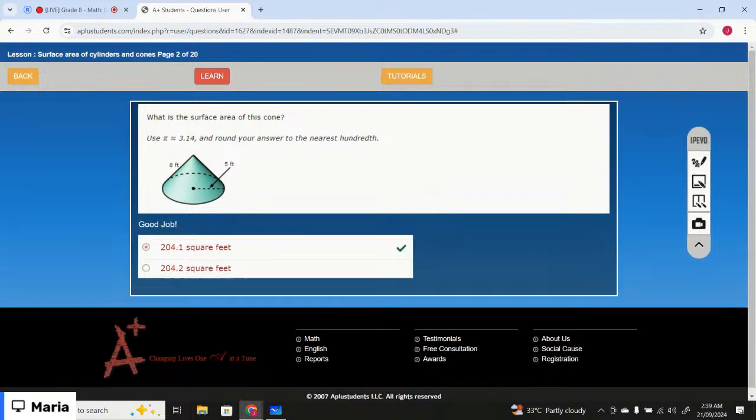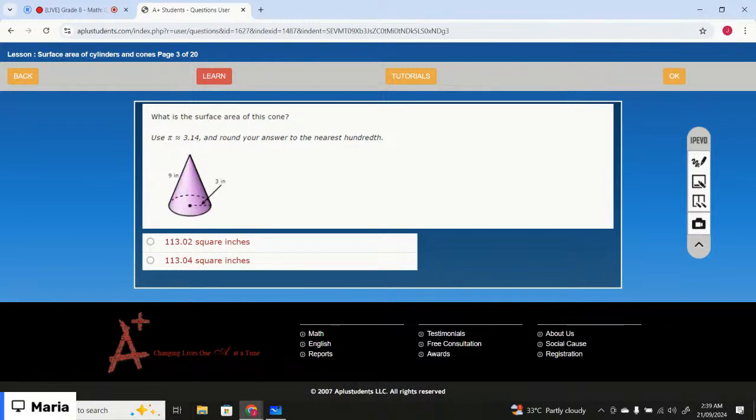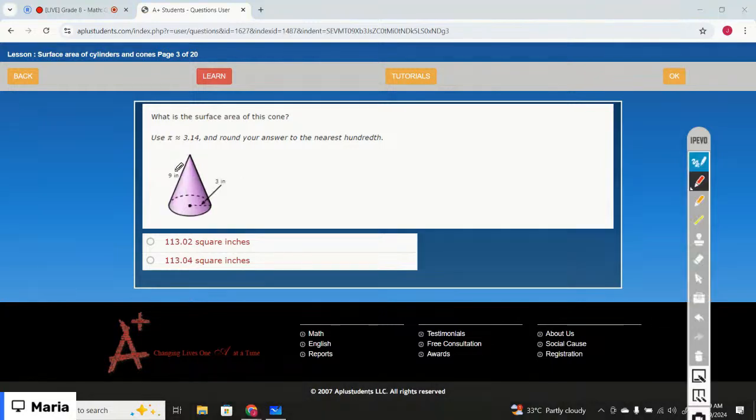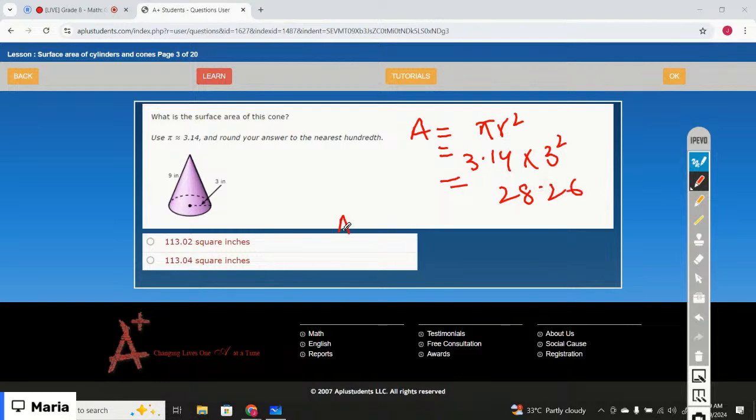Okay, let's just move on to the next one, that is what is the surface area of the cone. So first you have to find the area of the base, that is A equals pi r square. Pi is 3.14, the r is 3. So 3 square. So let me just do the calculations, that is 3.14 times 3 squared, that is 28.26. You need to calculate the lateral area, that is pi r s.